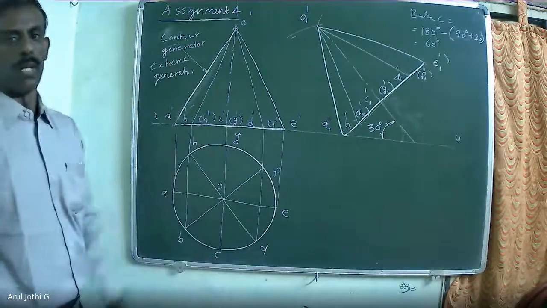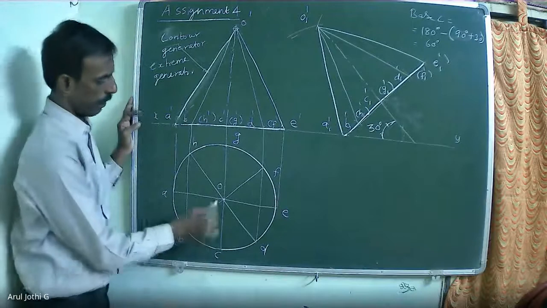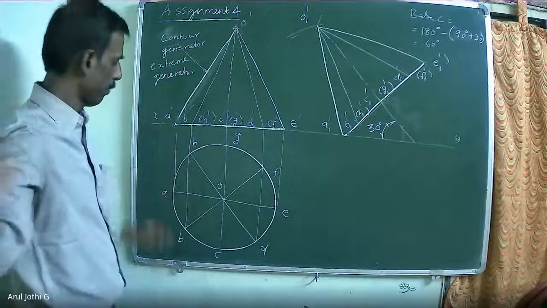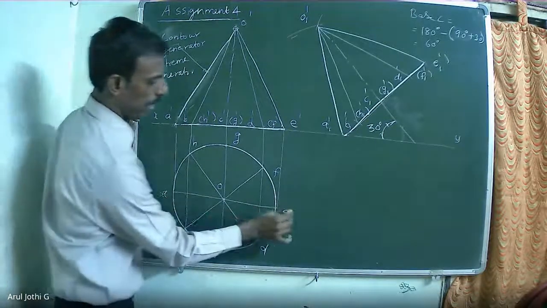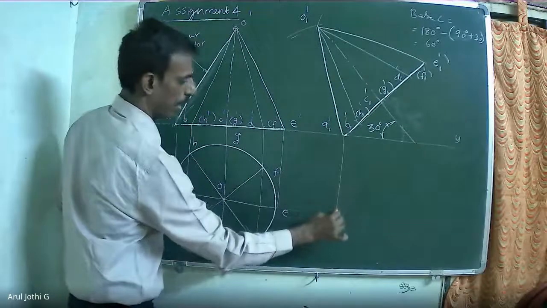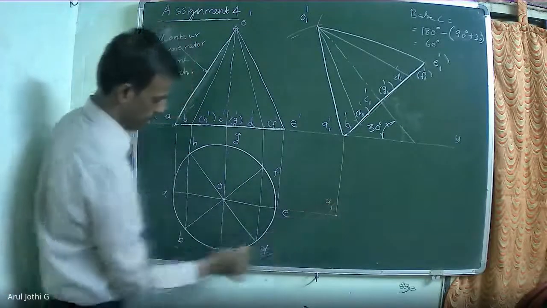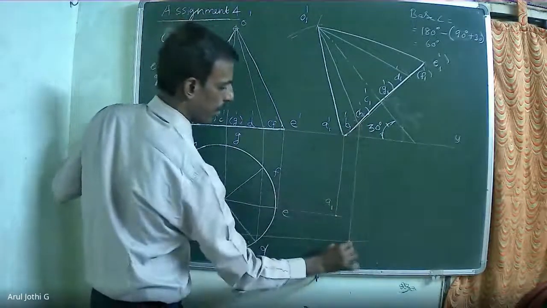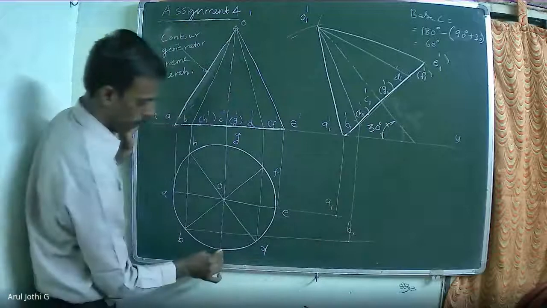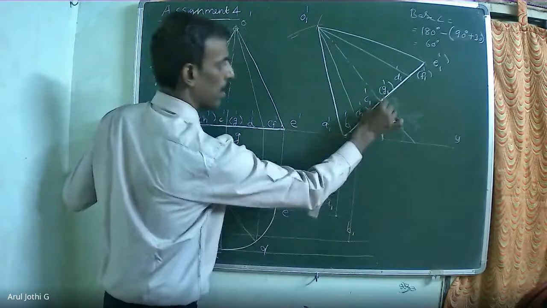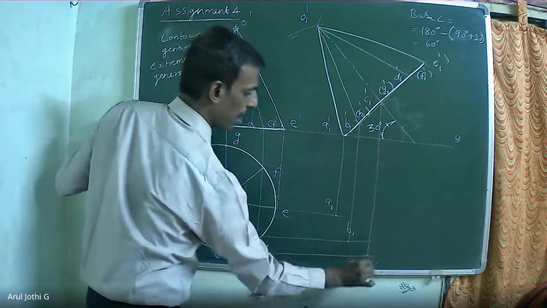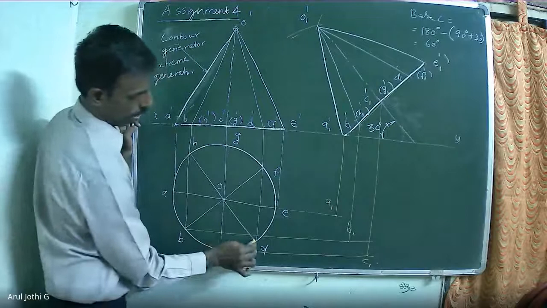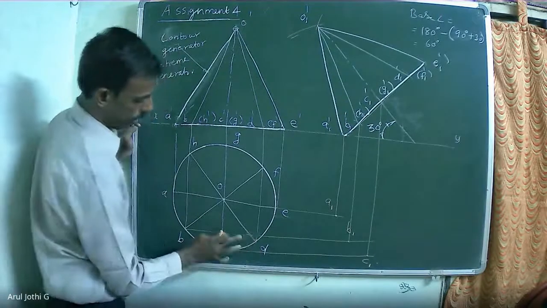Now we are going to draw the top view. Extend all the corner points of the top view. Extend A and A1 dash. Extend B and B1 dash. C, C1. This D will be coinciding anyway.